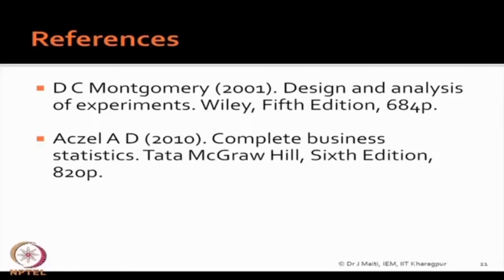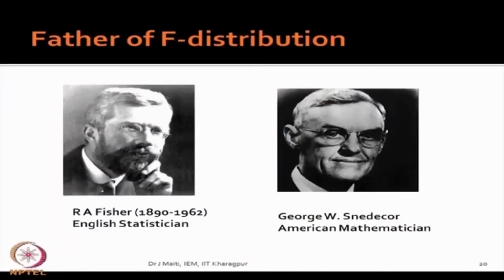Okay. In the next class I will bring up the student distribution, that particular person. You can remember this throughout, because Fisher and Snedecor basically developed the F distribution. R. A. Fisher is a well known name.